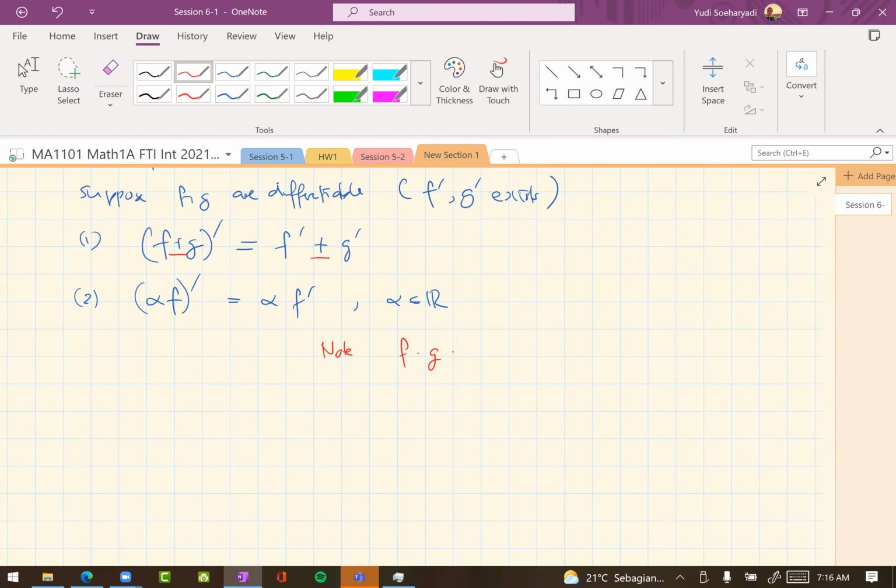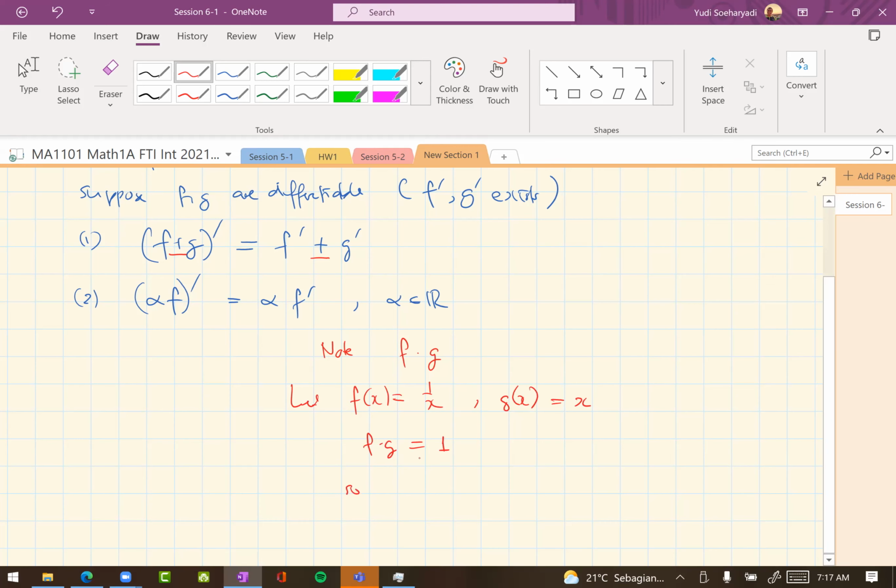Let's see, in the computation we know a couple of things: f is 1 over x, and g is just x. So f times g is just a constant function.